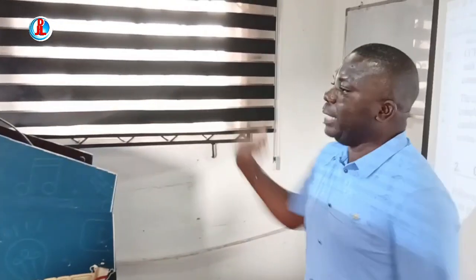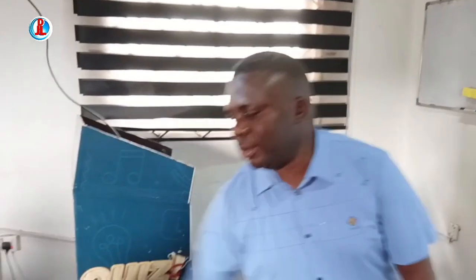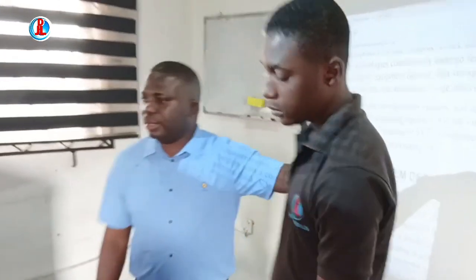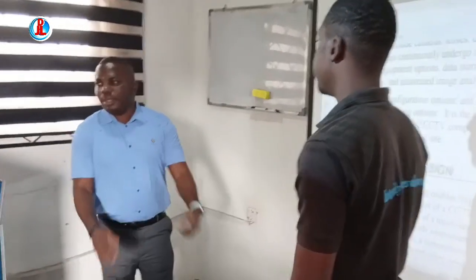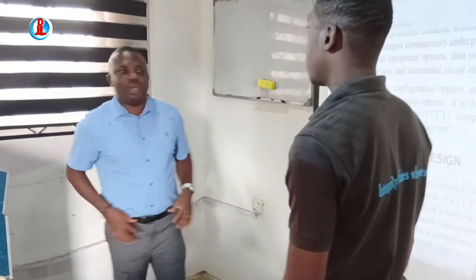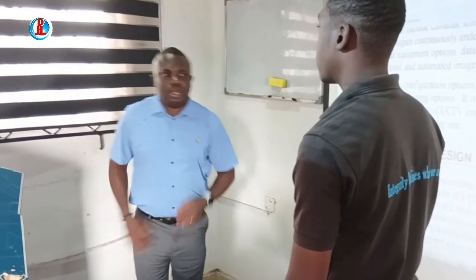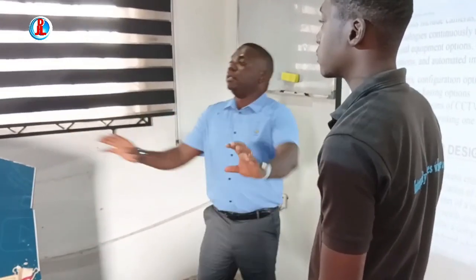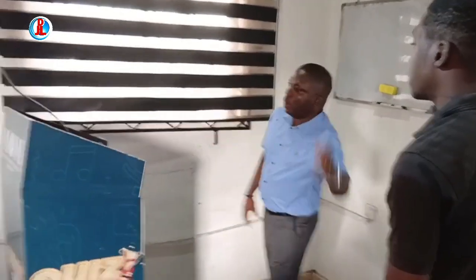Now, what do I do to conquer the blind spot? This is me. This is Stanley. I'm viewing Stanley, and Stanley is viewing me. Anything from me going back, Stanley will see it. Anything from Stanley going back, I will see it. So when you are installing a camera, watch out for the blind spot and use another camera to cover it.